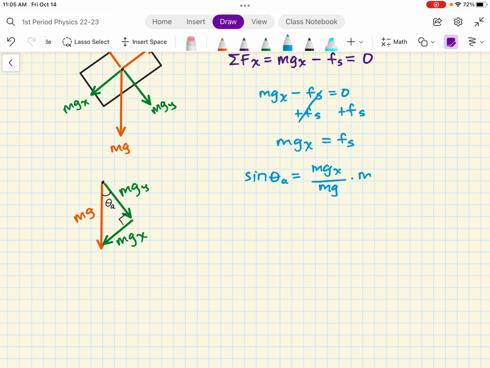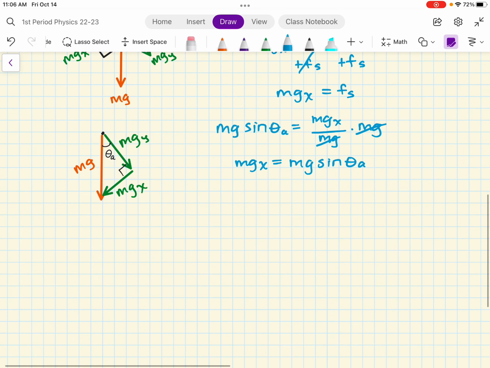I solve for mgx by multiplying mg on both sides, and I get that mgx is equal to mg sine theta A.